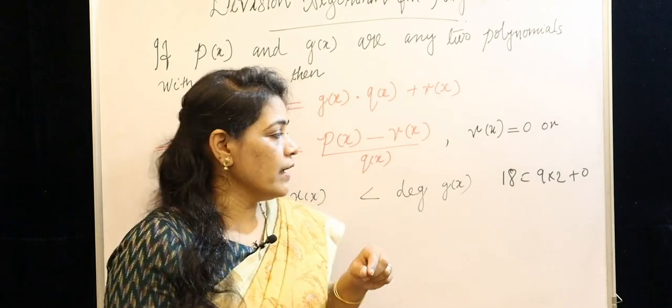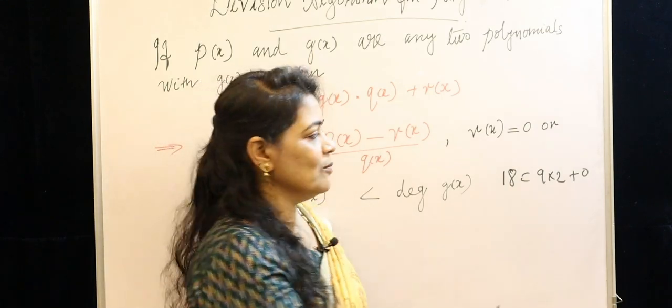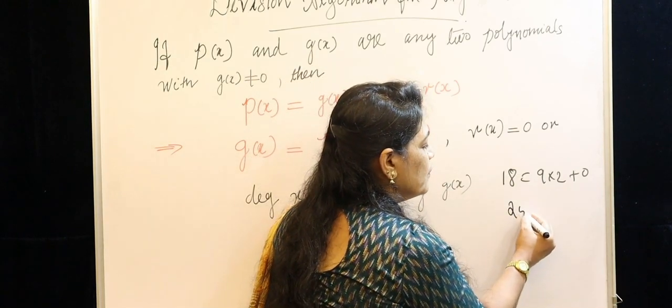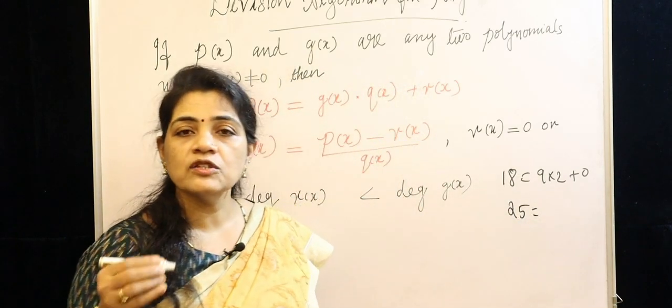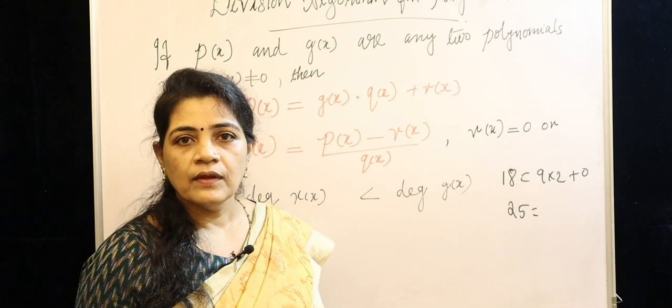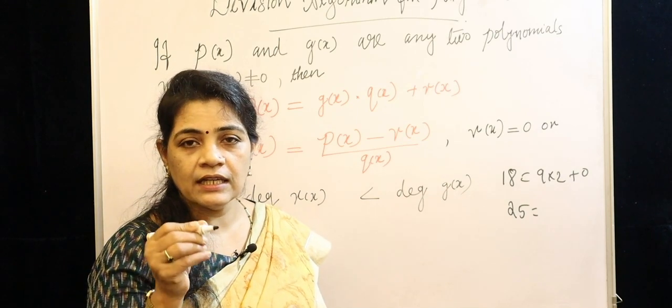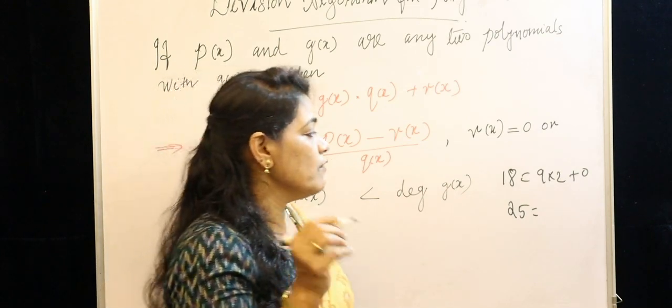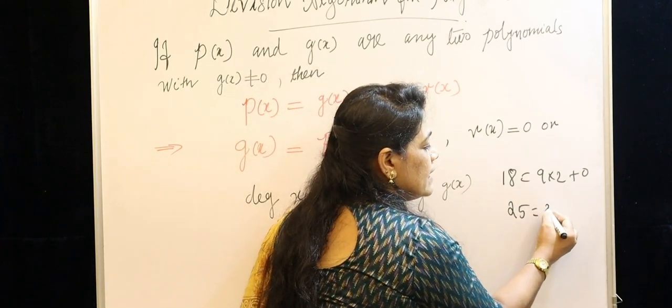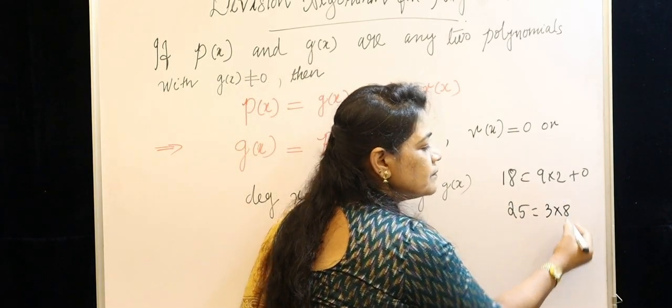Understood? In another way, let me give another example, let it be 25. I am going to divide 25 by 3. Here the divisor is 3 and the quotient will be 8.